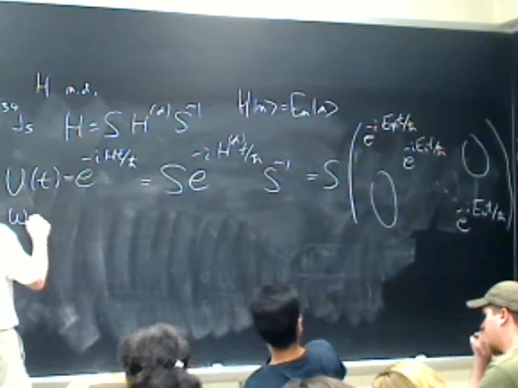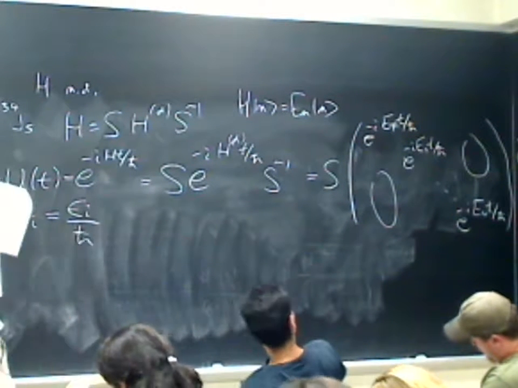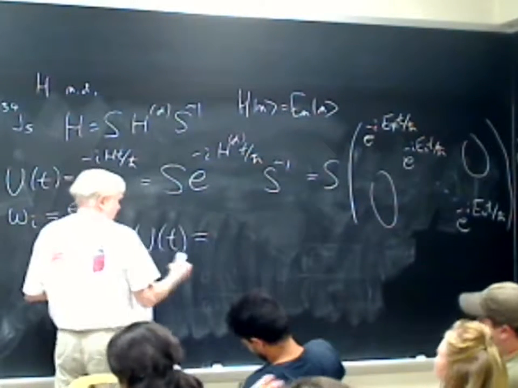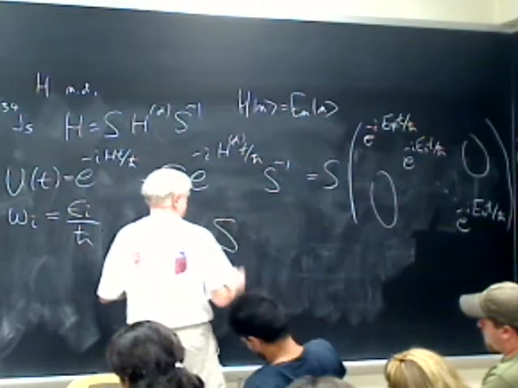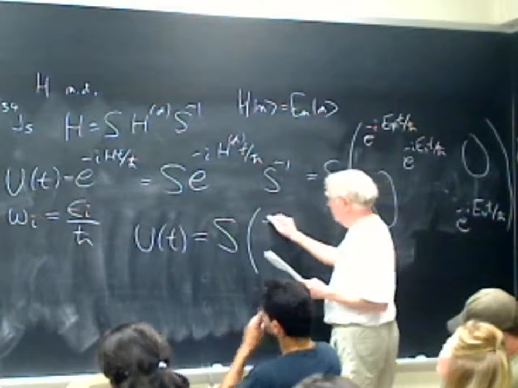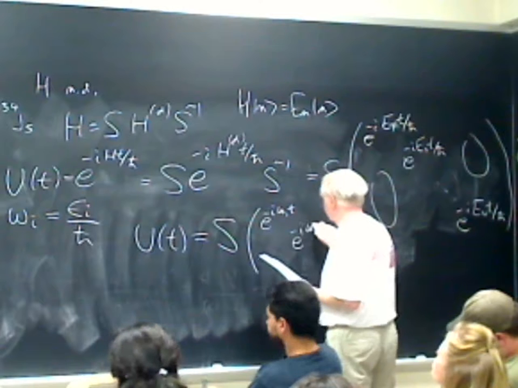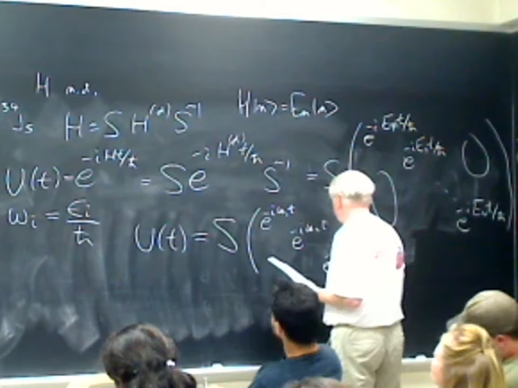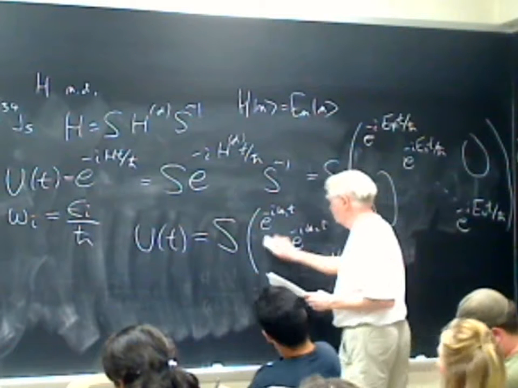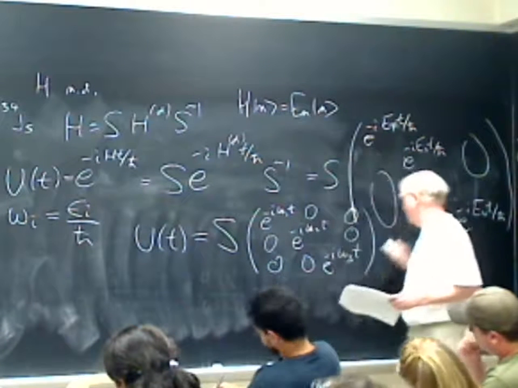Then we can define the angular frequencies, omega i, as E i over h bar, and then this unitary time evolution operator will be the similarity transform of the diagonal matrix e to the minus i omega 1 t, e to the minus i omega 2 t, e to the minus i omega 3 t, zeros elsewhere, S inverse.